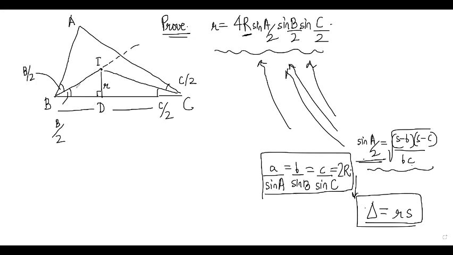So if you think about it, you will realize that R by BD is what? Tan B by 2. Tan B by 2 is equal to R by BD, correct.